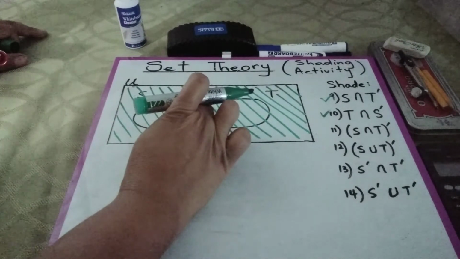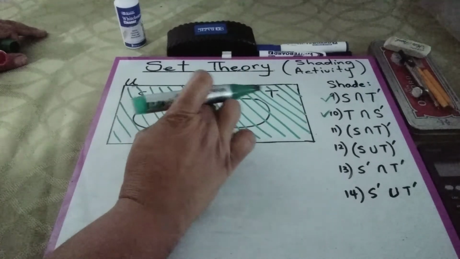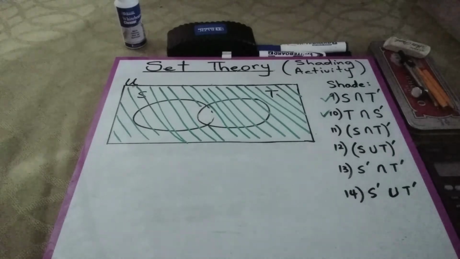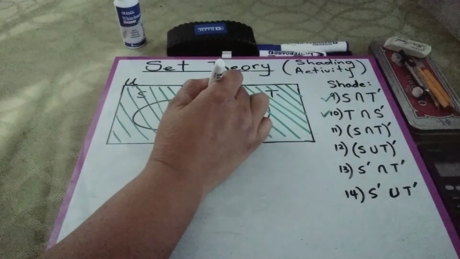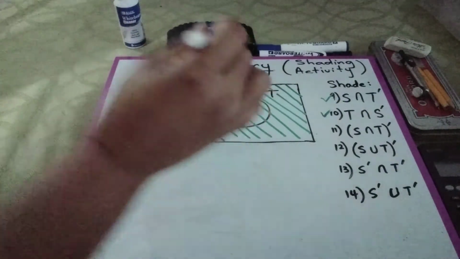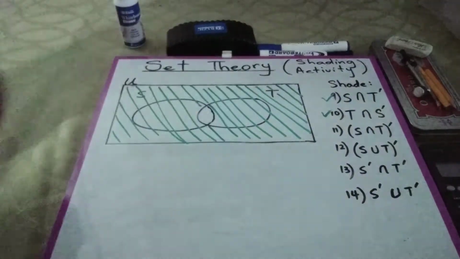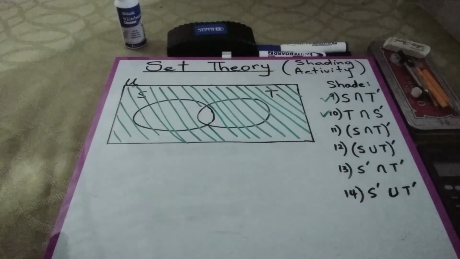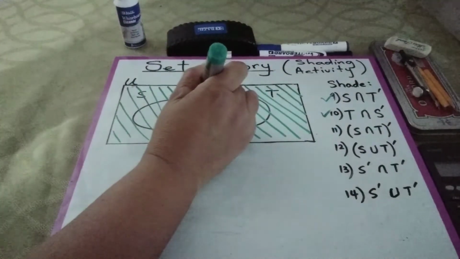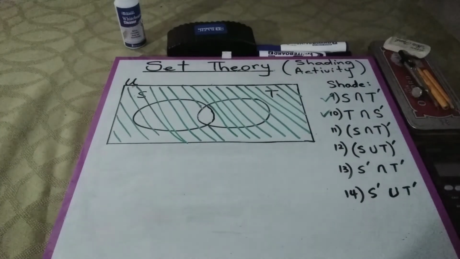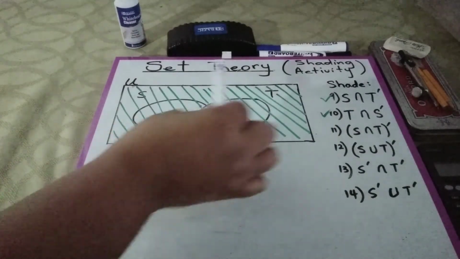So this is what the final answer looks like. The complement of S intersect T. The shaded region is the answer. So the only thing you don't see shaded is in the middle. Only in the middle. So the shaded area is the answer.